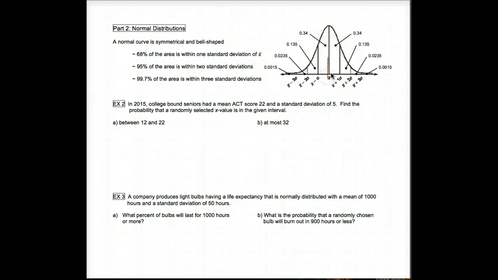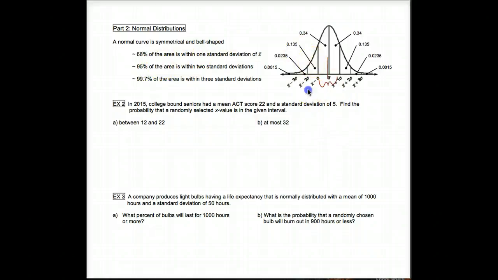So here's our mean. So that means that 68% of the data is within 1 standard deviation. So x minus a standard deviation and x plus a standard deviation, 68%, which is why each of these areas is labeled 0.34, because together that makes 0.68, which is 68% of the total because they add up to 1.